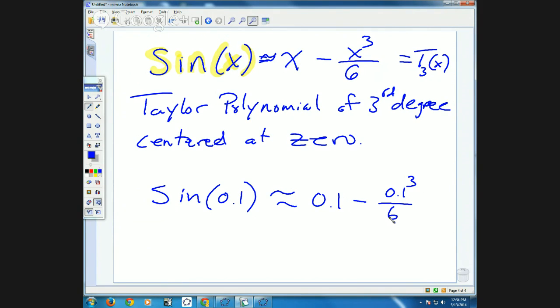So that's going to be 0.1 minus, what's that going to be? 0.001 over 6, which is really 1/10 minus 1 over 6,000.